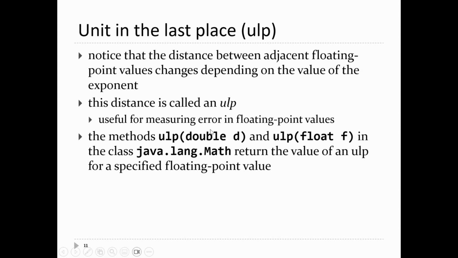It turns out that the ULP is one of the ways of measuring error in floating point values. You can actually get the value of an ULP for any double or float value using the math class. So Math.ulp of some value will tell you the distance to the next closest floating point value.